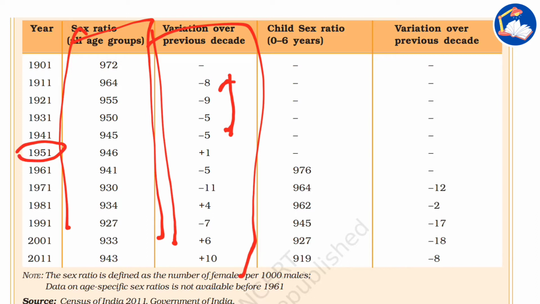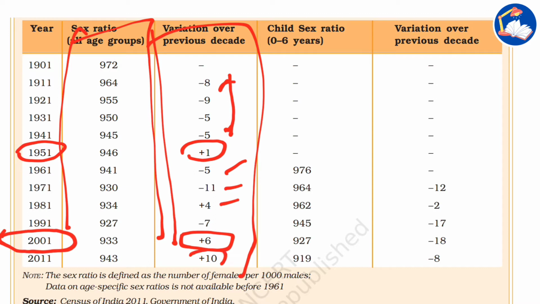Only in 1951 there was a 1 point increase considering the previous year, and again it was decreasing, -5, -11, and in 1981 there was a 4 point increase considering the previous year, and again it decreased. As we said in the earlier session, in 2001 there was a +6 increment, and finally a 10 point increment in the 2011 census, and finally, as of 2011, it is 943 per 1000 males.